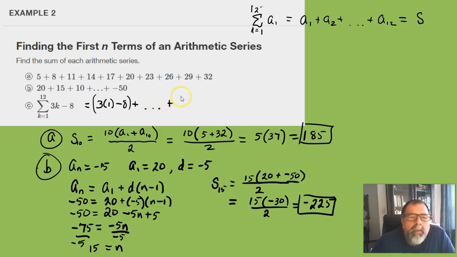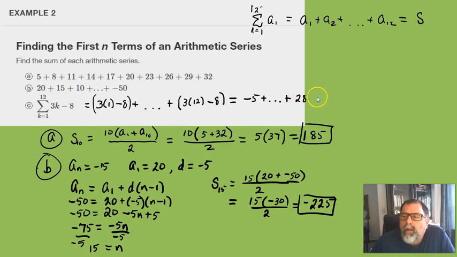We want to know the last term, the 12th term. 3 times 12 minus 8. So the first term will be 3 minus 8 is negative 5, plus dot dot dot, and then the last term will be 36 minus 8. 36 minus 8 is 28.